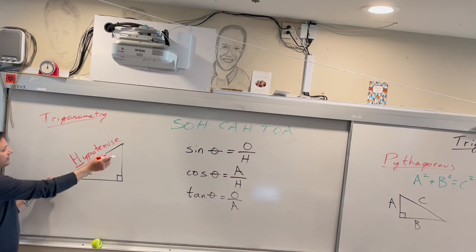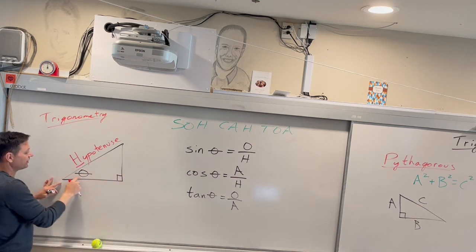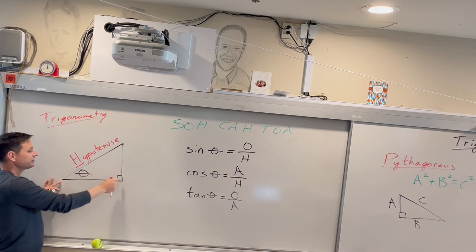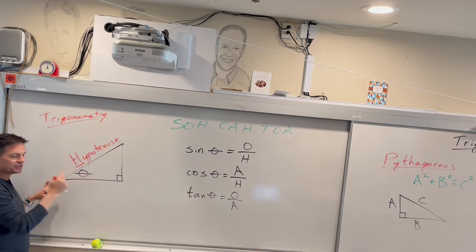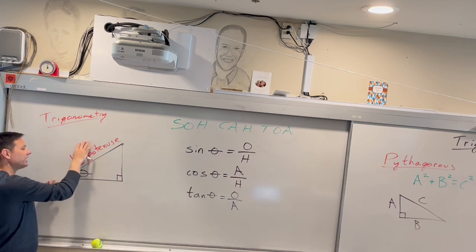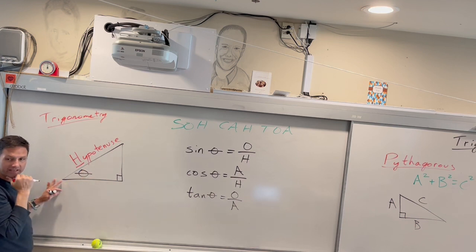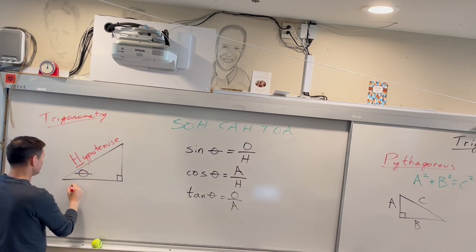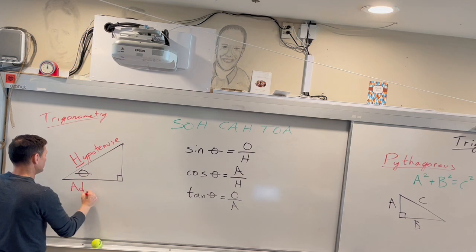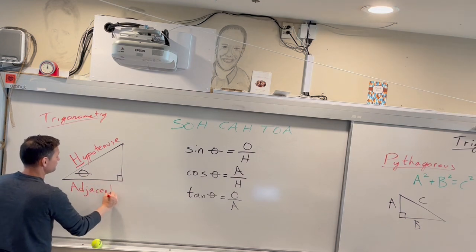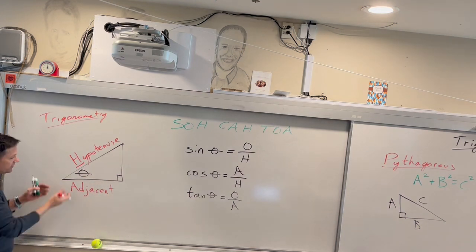And then we have 2 sides left. We have one that's touching our angle and another side that's not. So what do we call the side that's not the hypotenuse but is touching our angle? This is called adjacent. The word adjacent just means beside. And so this is beside the angle.